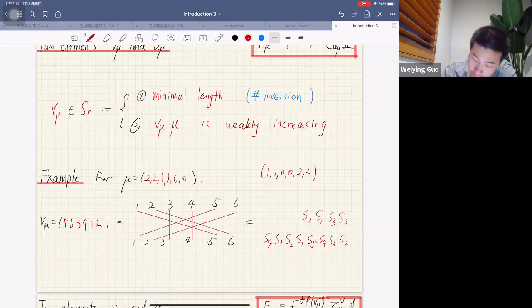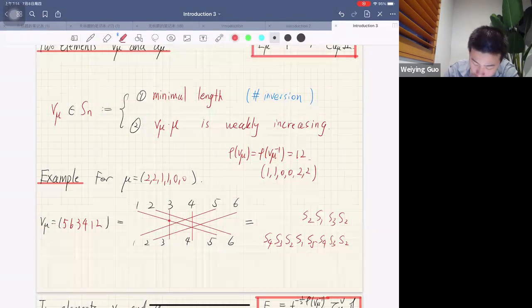So at the end, the length of v mu is equal to the length of v mu inverse is equal to 12, which is the number of transpositions that occurred here. And it is also the same as the number of crossings in these diagrams. So there are crossings here.